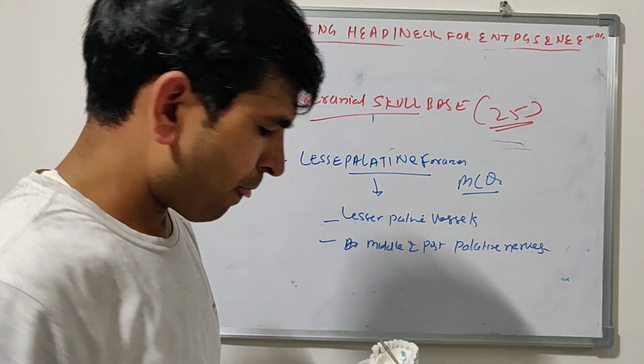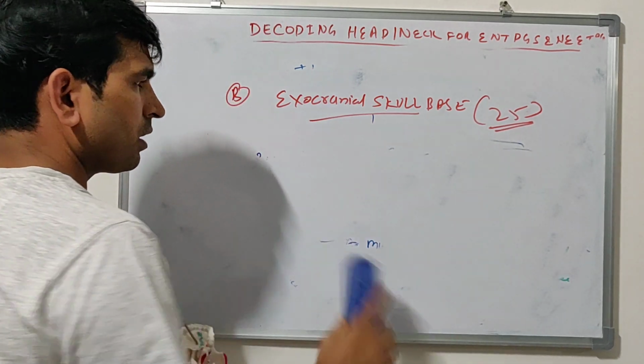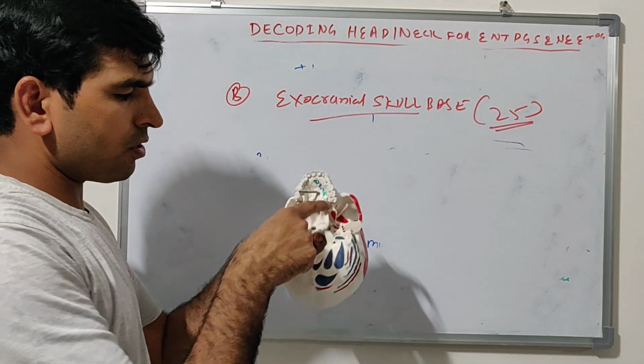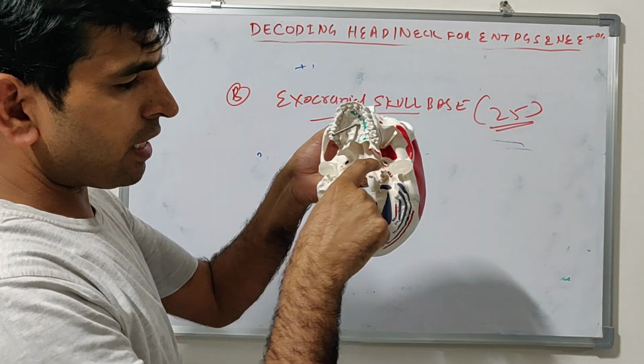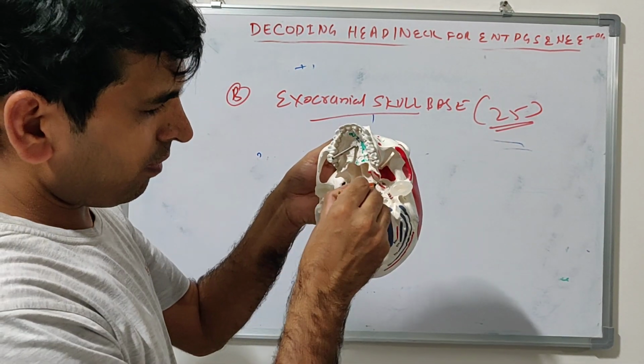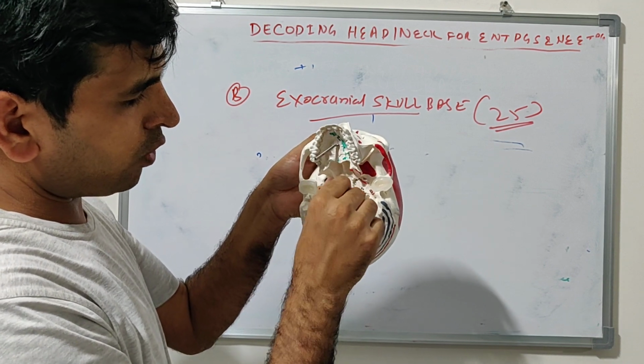Okay. Now if you see the middle part, this is the middle part of the exocranial skull base. You can see the foramen lacerum behind the foramen ovale. This is the carotid canal.